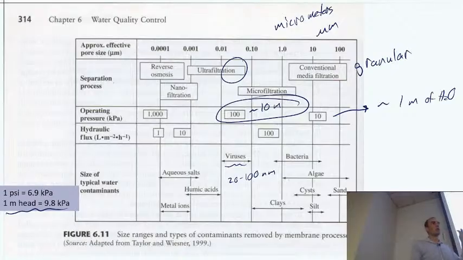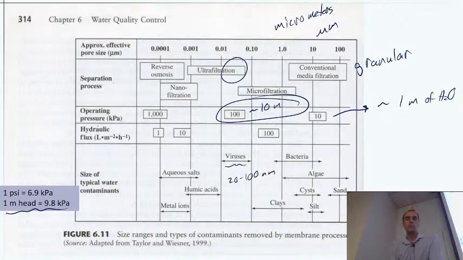Eventually the pores get so small that it's not actually very precise to say it's exactly this size hole, but it's what types of molecules can make it through. How heavy are those molecules that can make it through this membrane? Don't worry too much about that. The point is that as we get smaller and smaller, to reject smaller and smaller things, it's going to take more and more pressure.